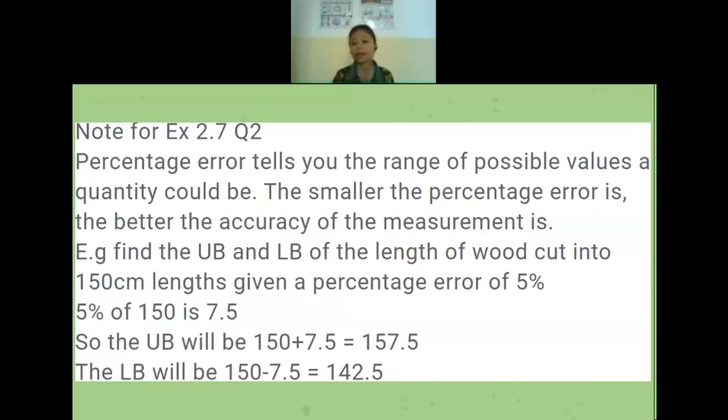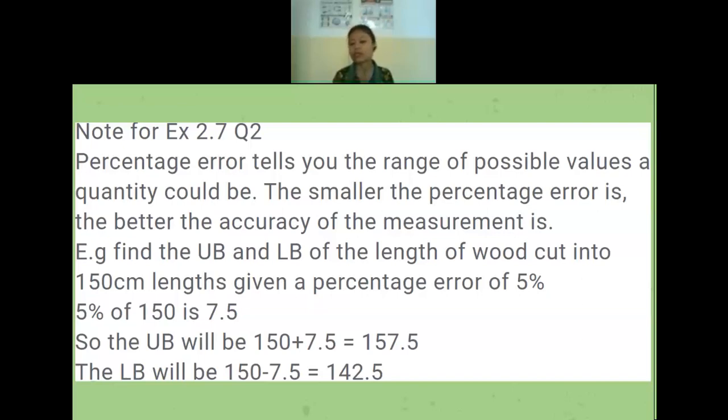So, to find the upper bound and lower bound, we have to find the value of 5% of 150. You can directly calculate 5% times 150, and the answer will be equal to 7.5.